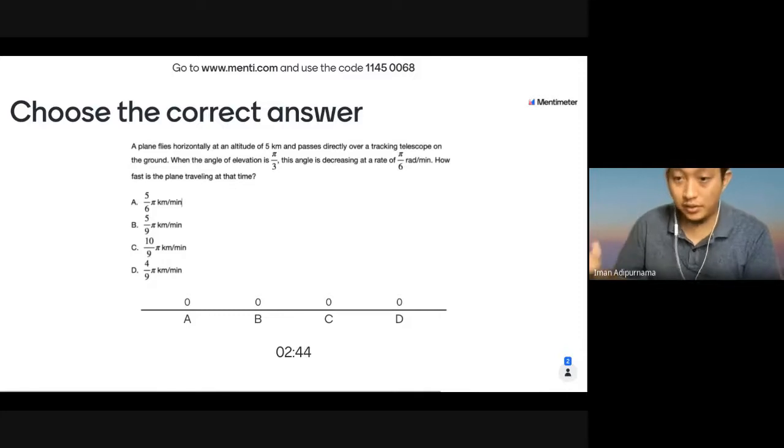If you have notes, you can check your notes on how to do this, the plane and then the radar.